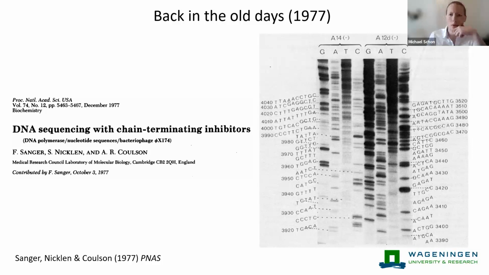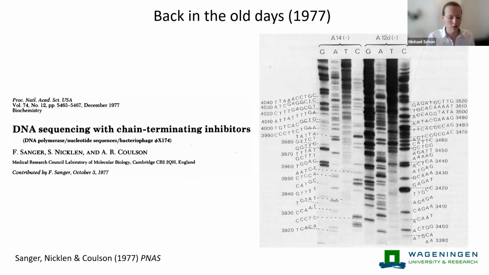And so with these chain terminating inhibitors at the positions of G's, A's, T's, and C's, it was possible to build up a library of clones that were progressively shorter by 1 nucleotide each. And then you could read back the progressive length of these terminated molecules and in essence, sequence each of those nucleotides in order.